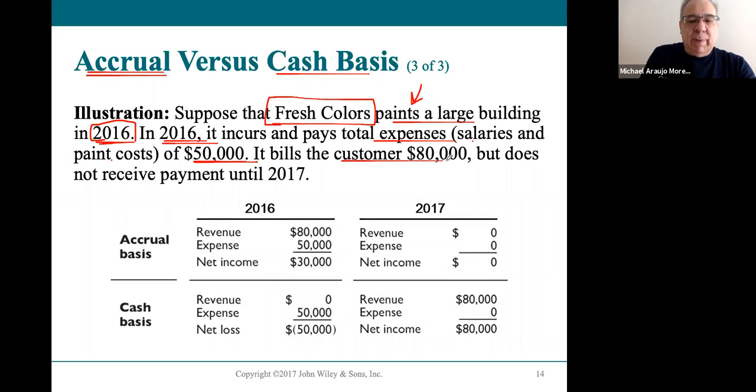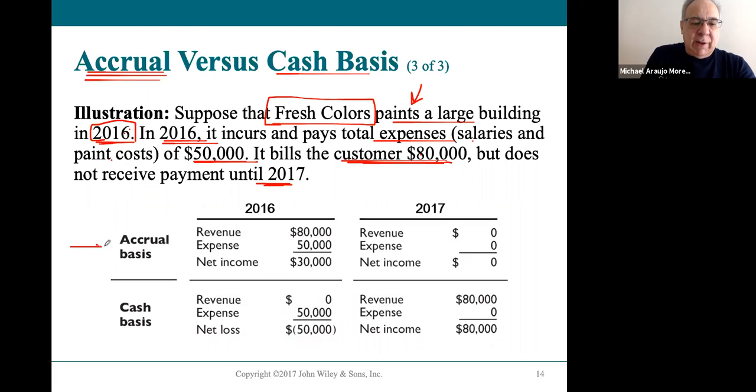The customer is billed $80,000, but they don't pay until 2017. The fact that you billed the customer for work you did in 2016, that revenue is for 2016 under the accrual basis. The cash basis, they won't get paid until 2017.